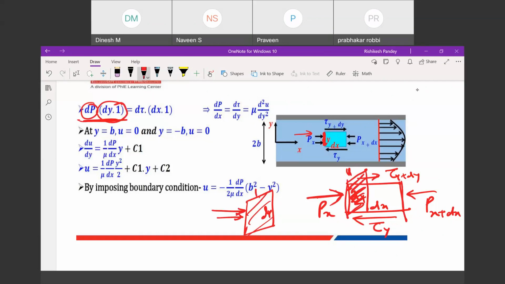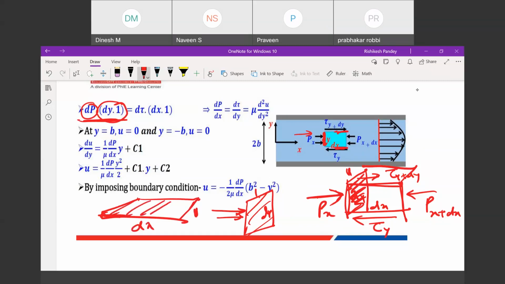And similarly the differential shear stress between this and this is d tau, and the area, if you consider the area of this top surface, looks like this. Okay, top surface. The width, the depth is 1 unit, and this is dx.